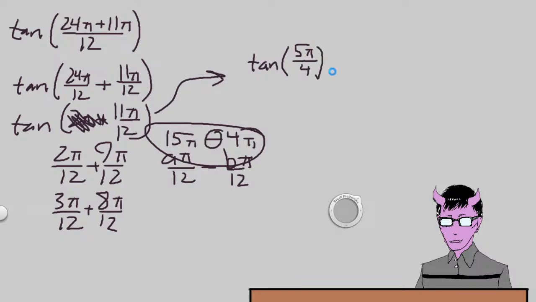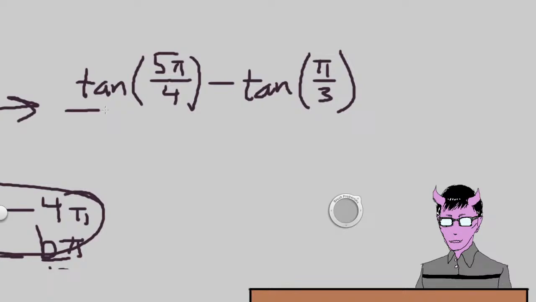Since this is minus, we're going to keep the minus because sine is on top, so it follows the sine form. And then we have 4 pi over 12, which simplifies into pi over 3. Alright, that's all we need for the reference.